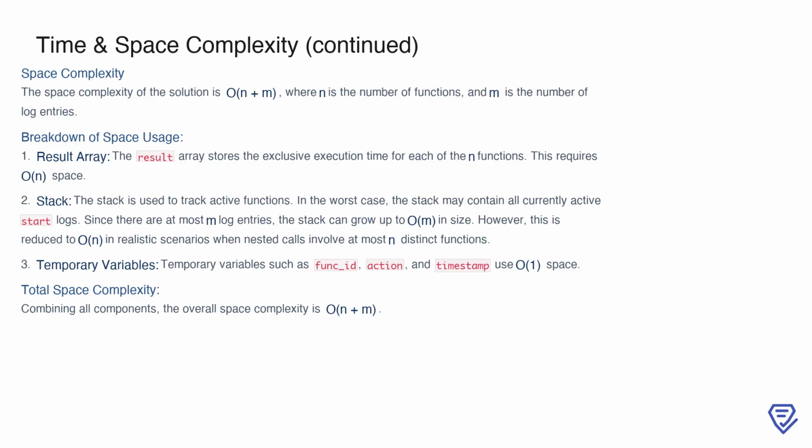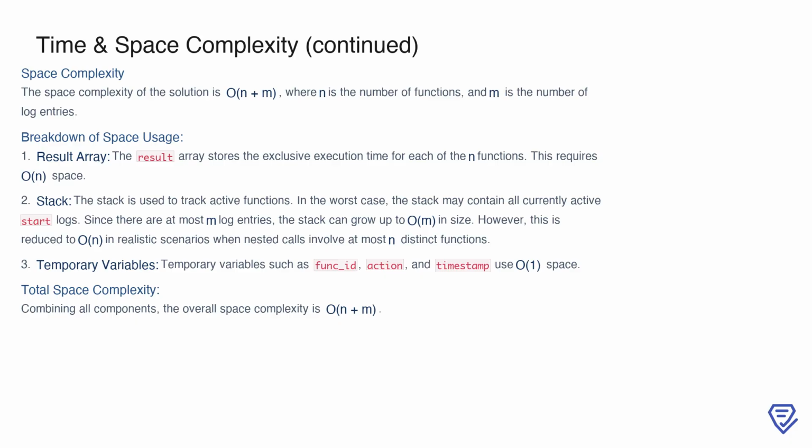Since there are at most m log entries, the stack could grow to O(m) in size in the absolute worst case. However, in more practical scenarios, the stack size is limited to O(n) when nested calls involve at most n distinct functions. Finally, temporary variables like func_id, action, and timestamp are used for intermediate computations, but they only require O(1) space. When we combine the memory requirements of all these components, the overall space complexity of the solution is O(n + m).